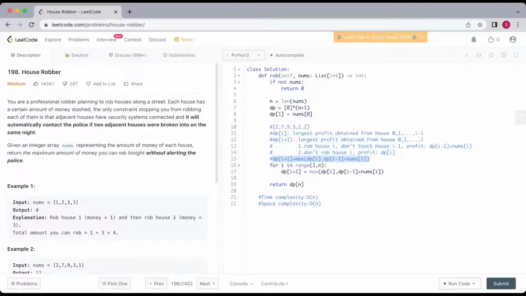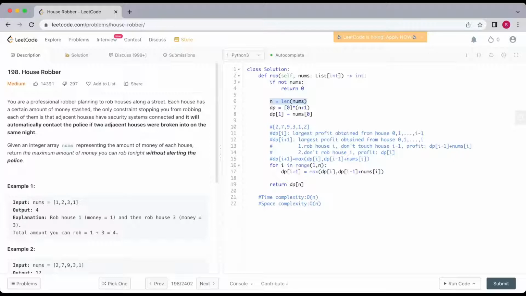And then we need to consider the special cases. First, we will have an n plus 1 zero array for storing our results for subproblems, where n is the length of the nums array.